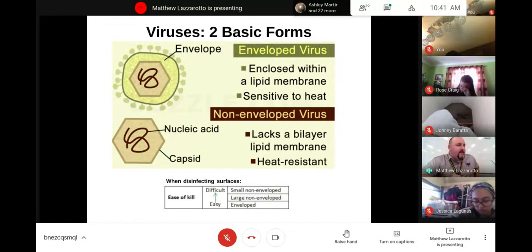Any viruses that are left behind, you sneeze or you cough and you leave this phlegm or expectorate onto the surface of the table, we can wipe it down to kill the non-enveloped viruses. Now, the enveloped viruses are easier to disinfect for.